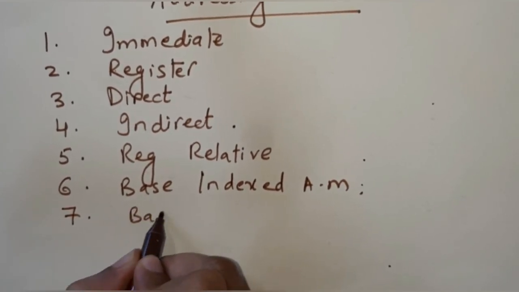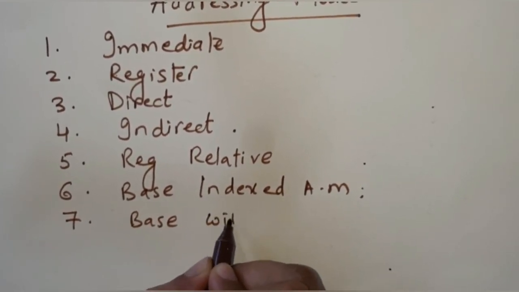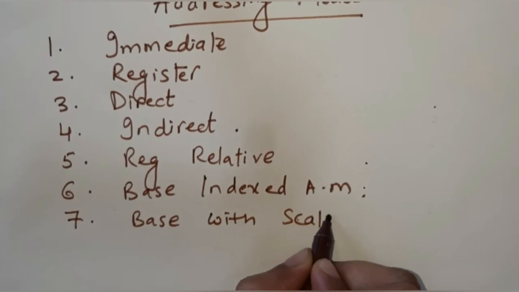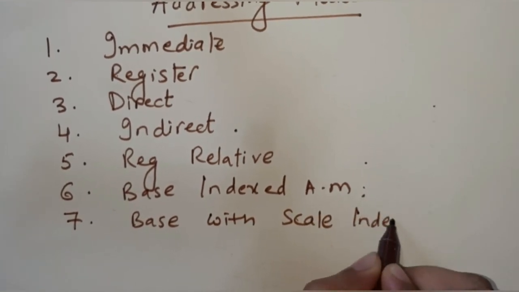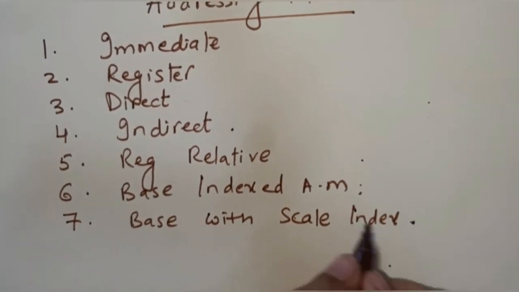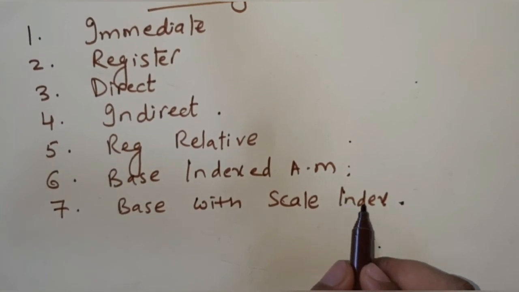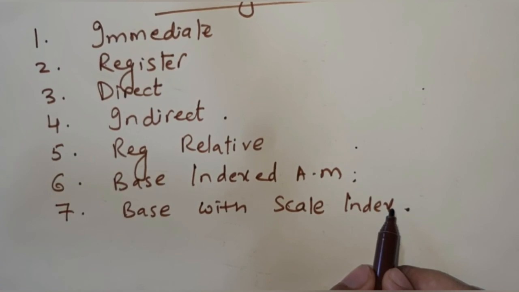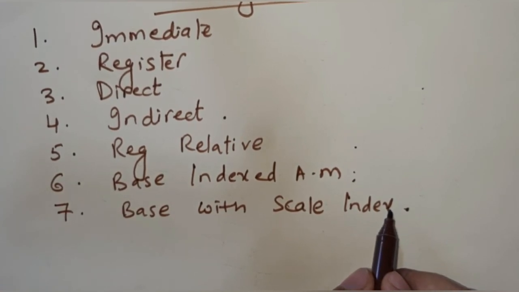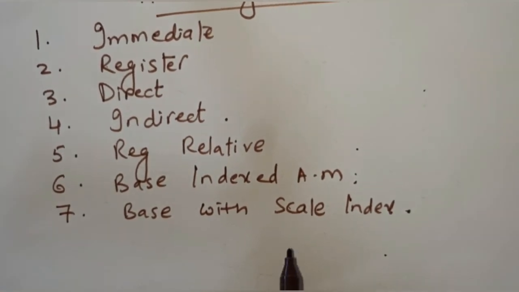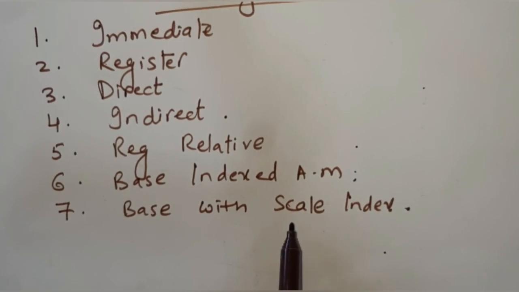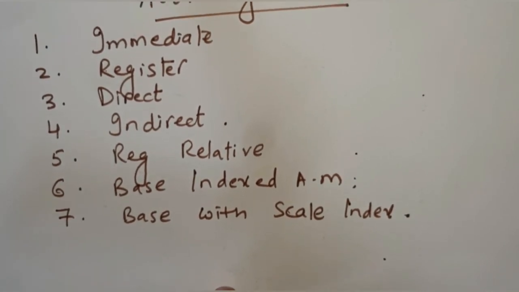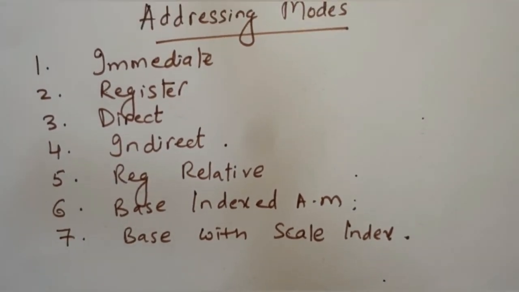And then base with scale indexed addressing mode, in which the new location is formed by logical shift operators and data is moved from one register to another. Here the scaling is done by logical operators only. Thus we have studied all the addressing modes of ARM7.